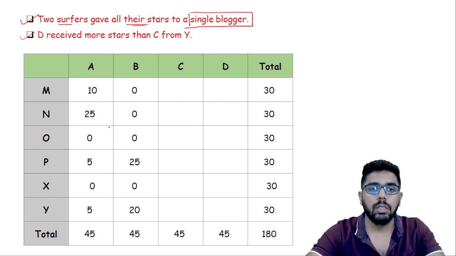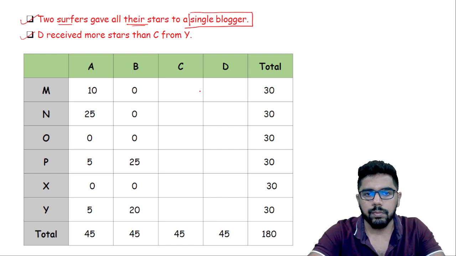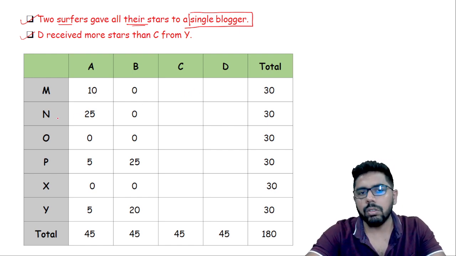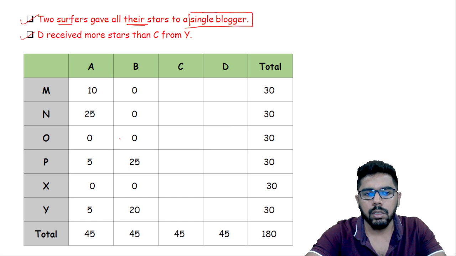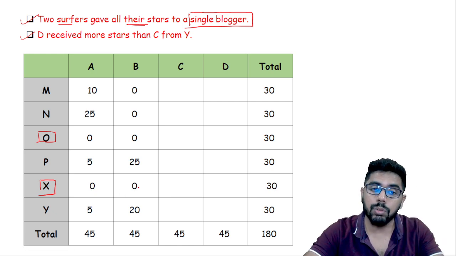Now it cannot be M. M has already given 10 to A and the remaining 20 will be distributed between C and D. It cannot be N also. N has given 25, so the remaining 5 will be between C and D. It can be O. Similarly, it can be X. So O and X are the only two surfers possible who can give all their stars to a single blogger.